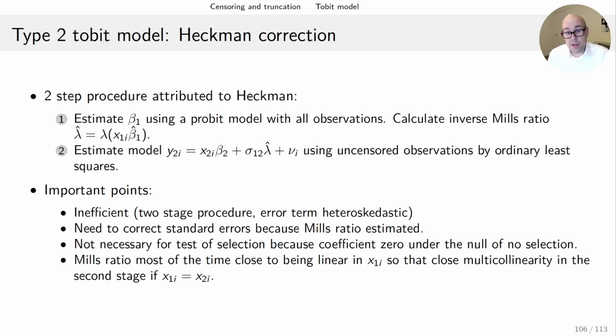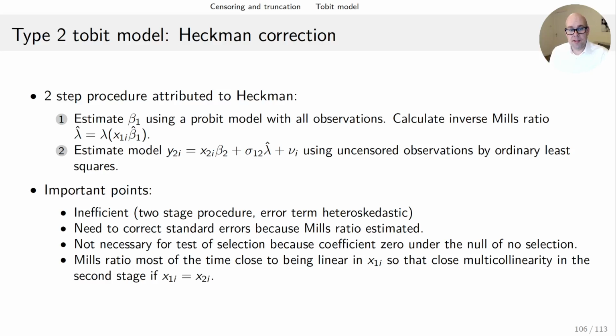But if we include it, then we get consistent estimates of beta 2. And notice that by doing that, we can actually estimate the covariance between the two epsilons, and that has a meaning again, right? That is also interesting, just as an aside.